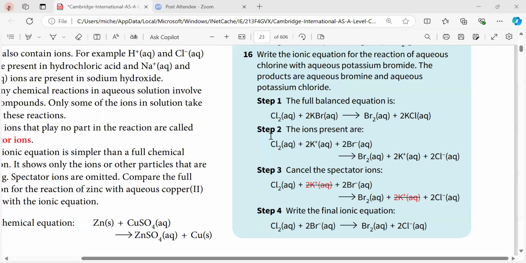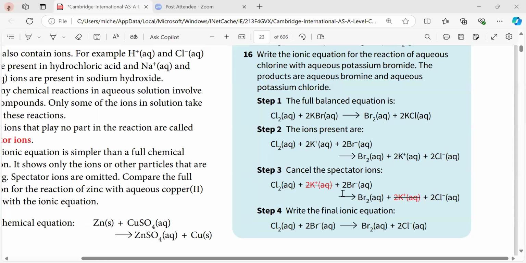So now we're going to see what kind of spectator ions we have. So Cl2 is unique, it's only on the left side. 2Br is different. Okay, 2Cl. So we have 2K+ right here.